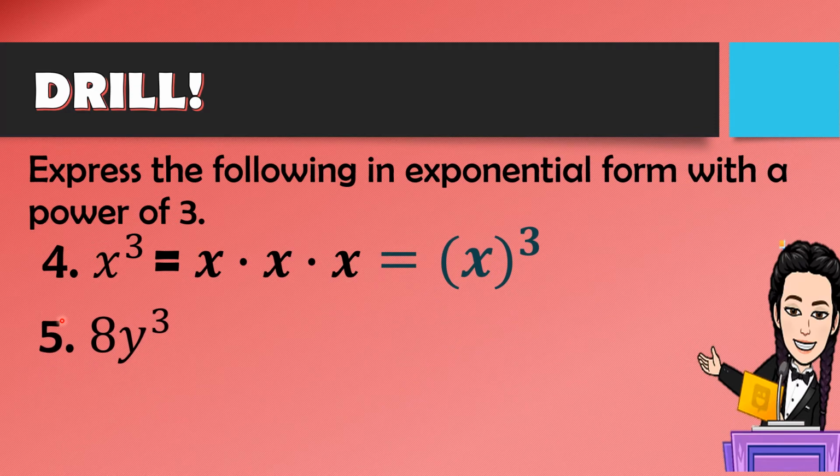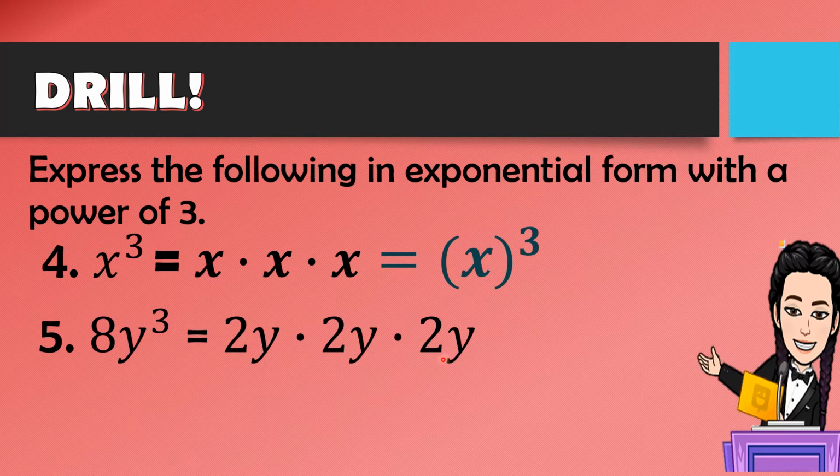Next, number 5, 8y cubed. Tandaan, kailangan nating isama ang 8. So, anong number ang gagamitin natin para sa 8? Very good. 2. Para sa y cubed, huwag kalimutan i-divide ang exponent sa 3. So, we have 2y times 2y times 2y.